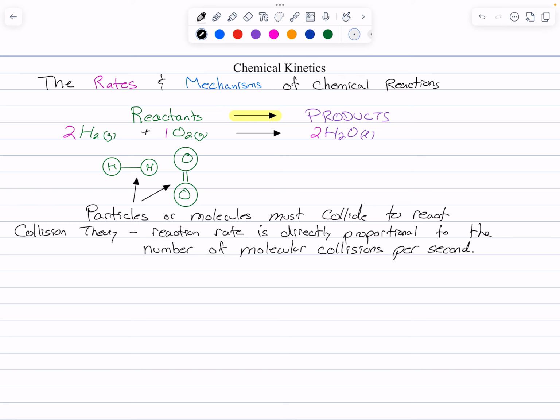All right. And so when we talk about a rate, we're talking about how fast, right? How fast something is moving, how fast something is going. In this case, how fast something is reacting, right?